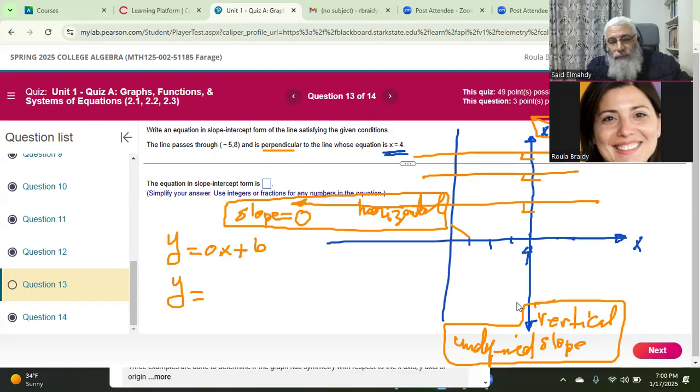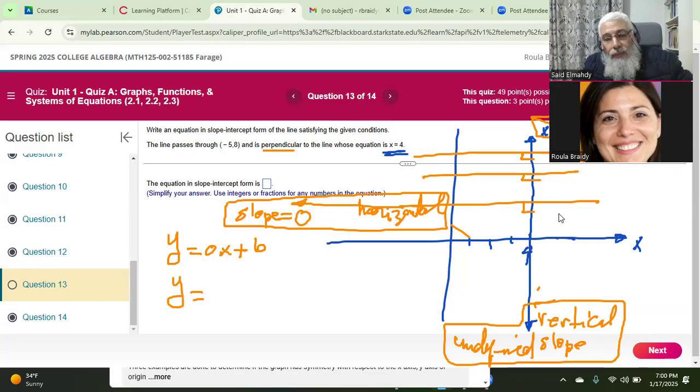Whenever a line is horizontal, the slope is 0. But for a perpendicular line, we need to know what it is perpendicular to. In this problem, it is perpendicular to a vertical line.